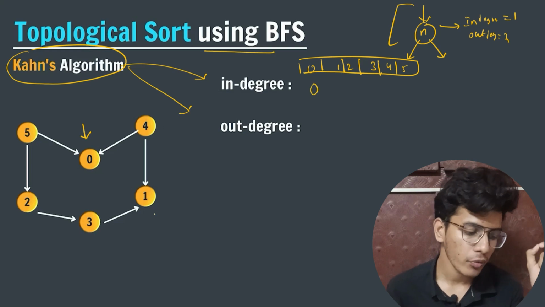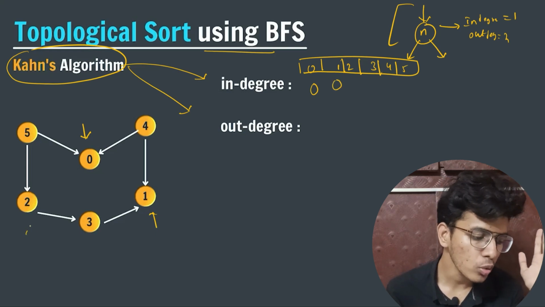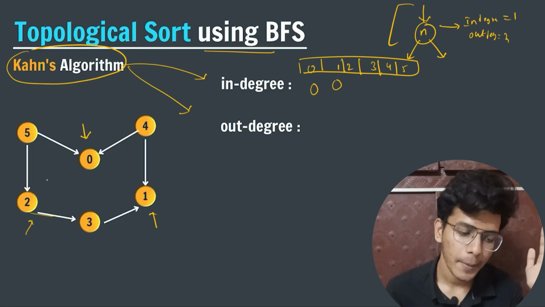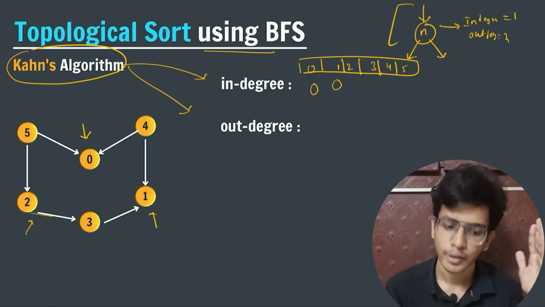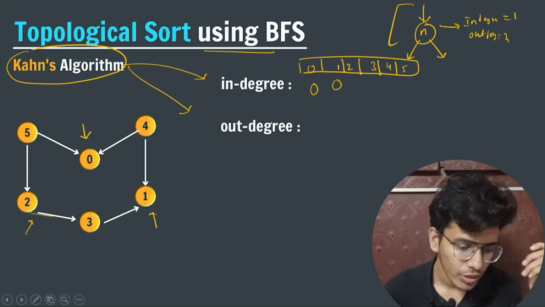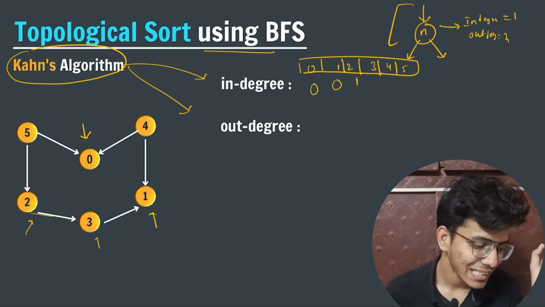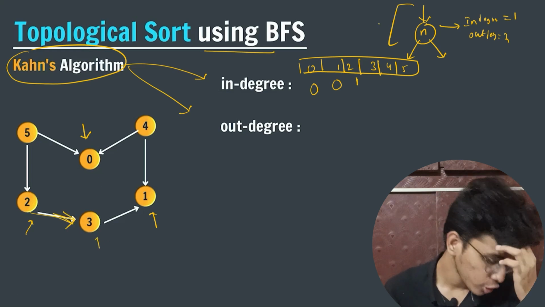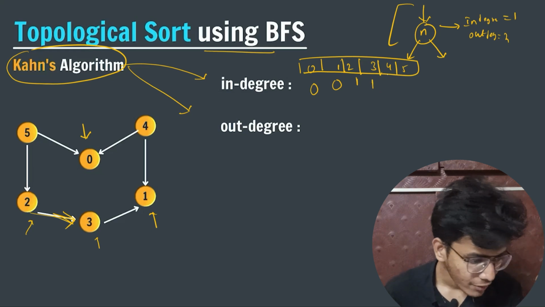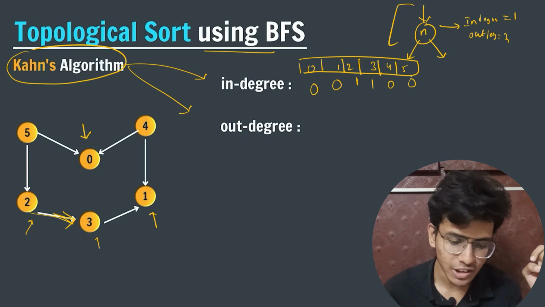And for 1 there is no in degree, so the in degree of 1 will also become 0. And for 2 the in degree is 1 and the out degree is also 1. So first of all let us talk about in degree, after that we will see out degree. The in degree of 2 is 1, and the in degree of 3 is also 1, okay? And for 4 the in degree is 0, and for 5 also the in degree is 0.